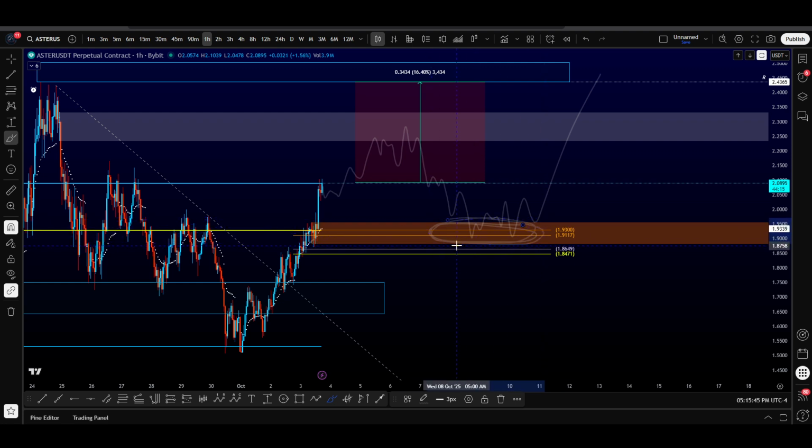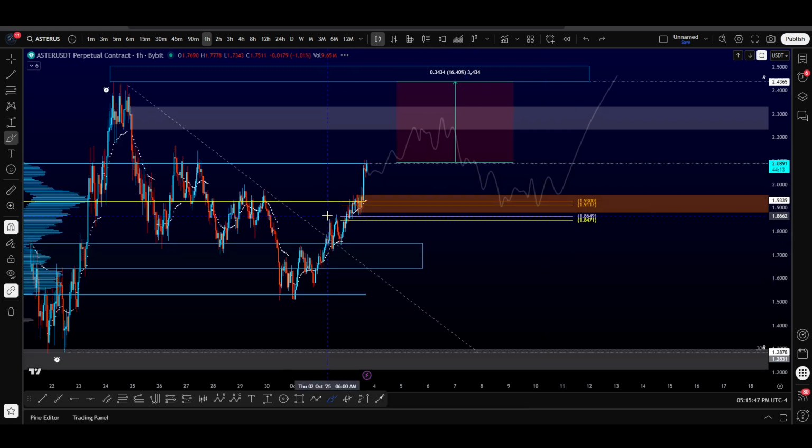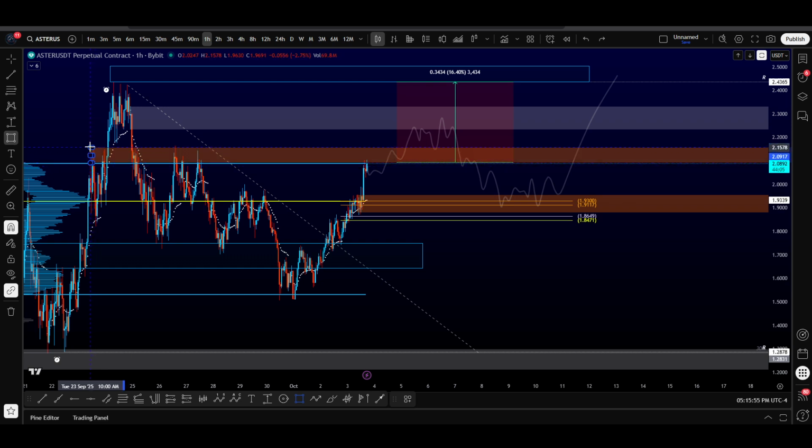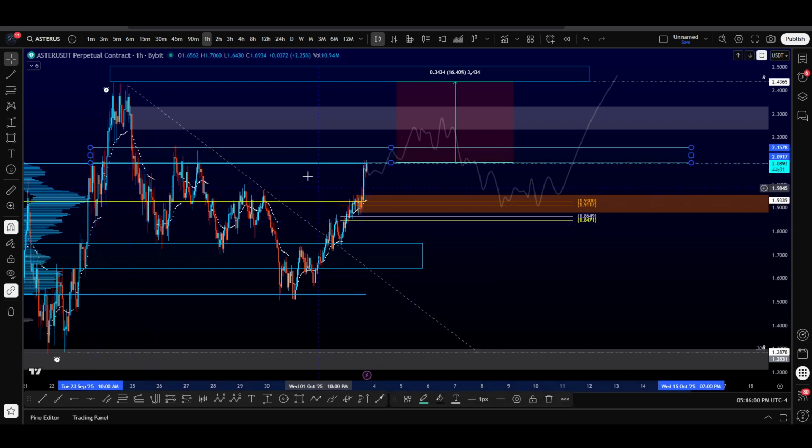Now, if we do not get that, where would be the next best area? Well, as we can see, resistance, resistance, resistance, right? Resistance, resistance. So this has been defined in the past already. So we can go ahead and draw a box.